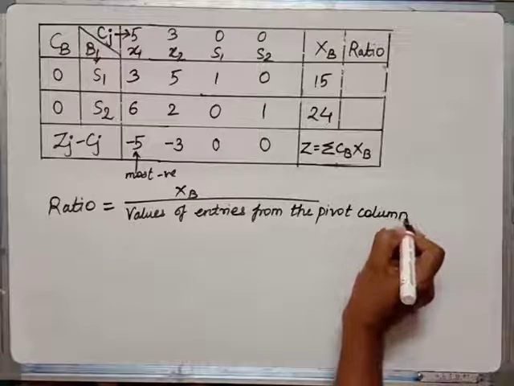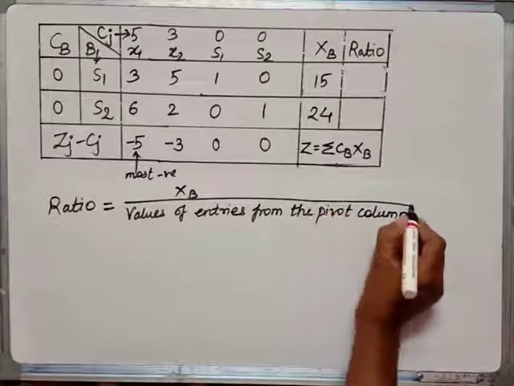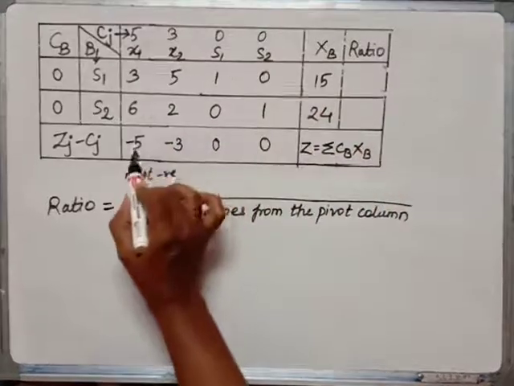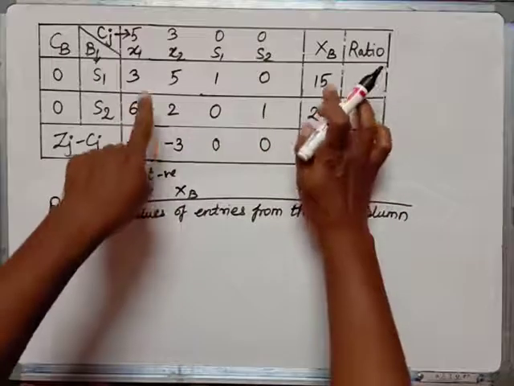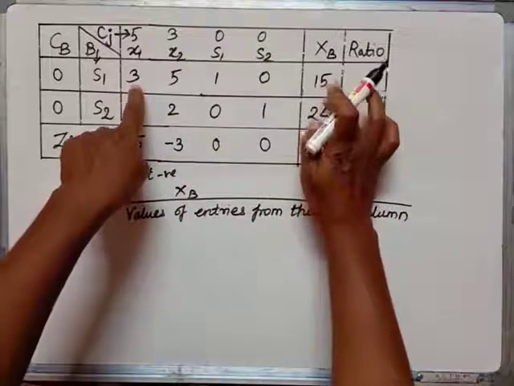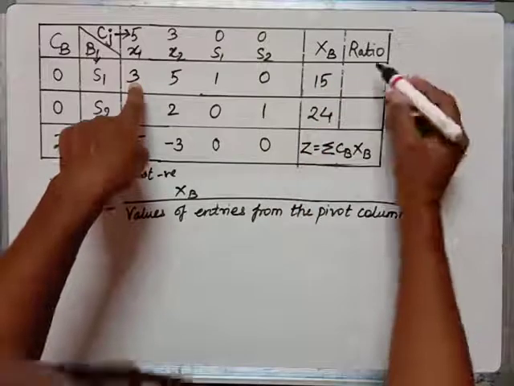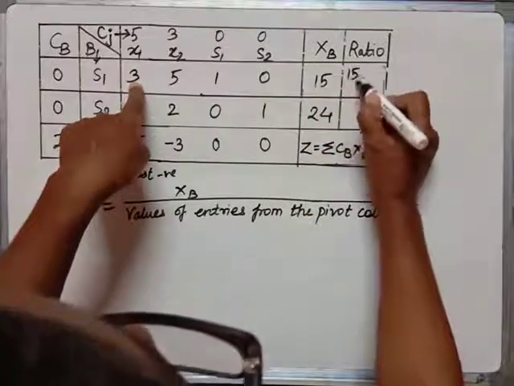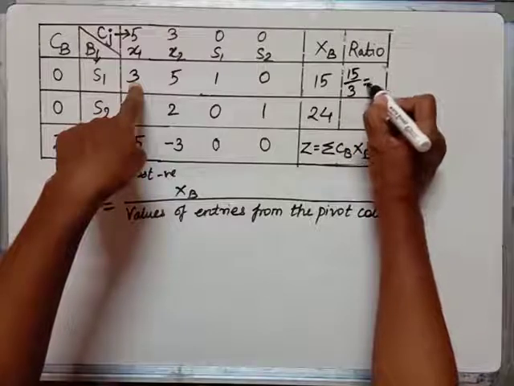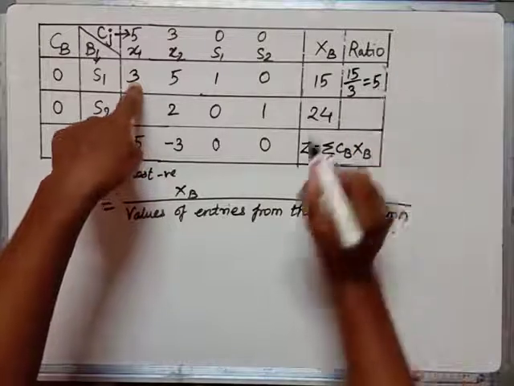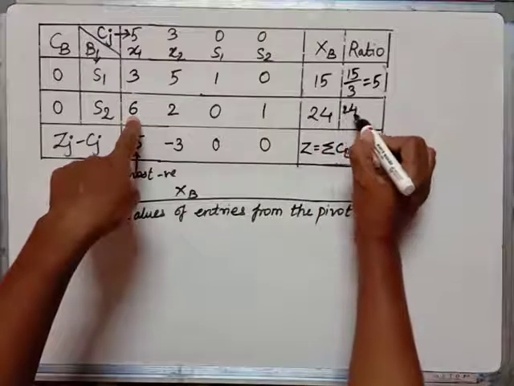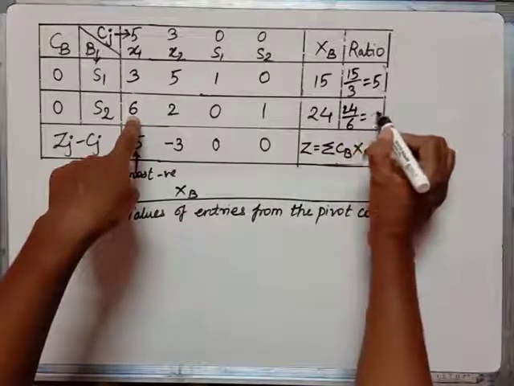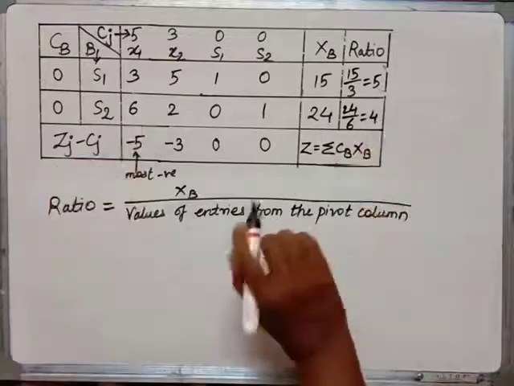Values of entries from the pivot column means here this is our pivot column. So here the ratio will be this 15 divided by 3, xb divided by this 3. So here I will write 15 divided by 3, so it will give me 5. Again 24 divided by 6, that will give me 4.